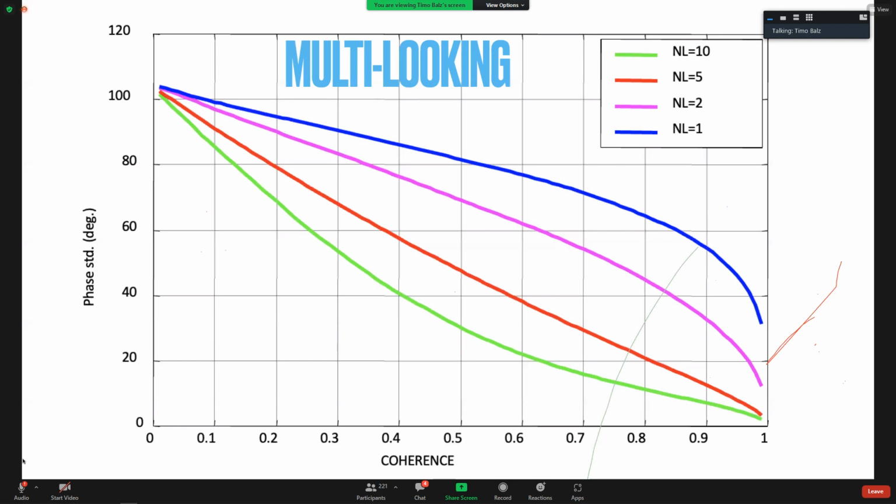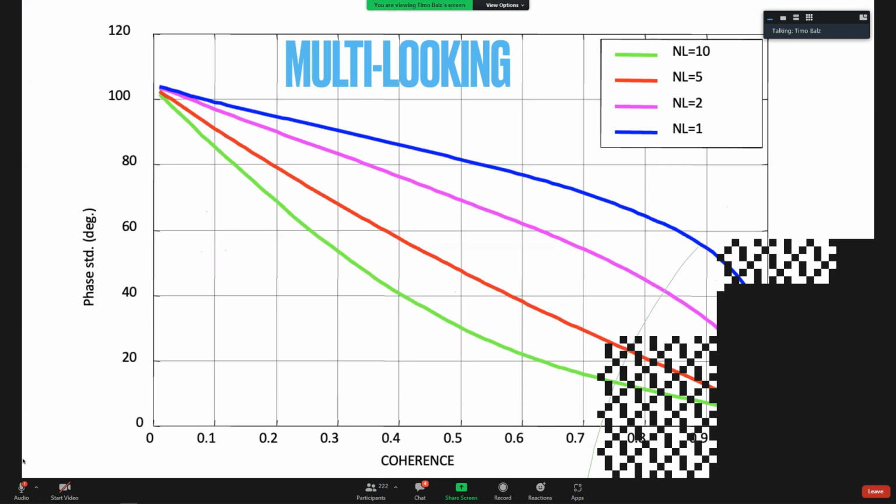Only at very, very good coherence do we come to lower phase errors, lower standard deviation of the phase. But already with 2 looks, you see, it's getting much better. And with 5 looks, already much improvement in terms of phase error here.